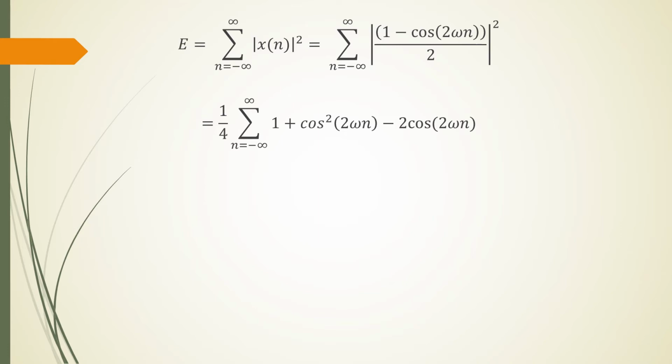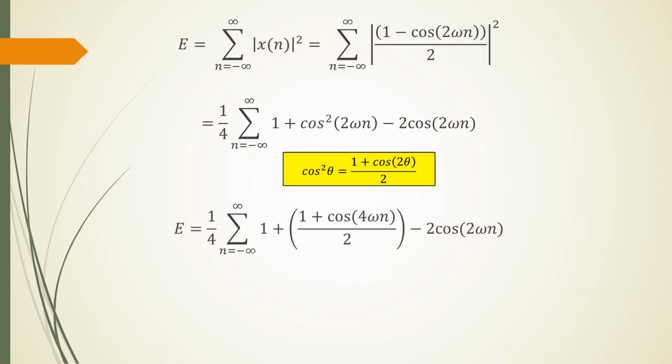So we can take out 1 by 4 as a common multiplying factor outside the summation, and now we can see that there is this cos square 2 omega n term here again. So we can again simplify this through our trigonometric formula: cos square theta is equal to 1 plus cos 2 theta by 2.